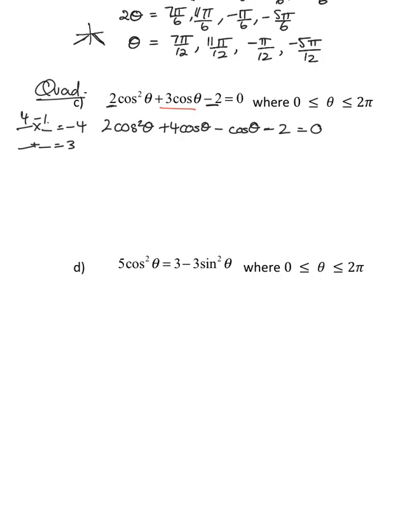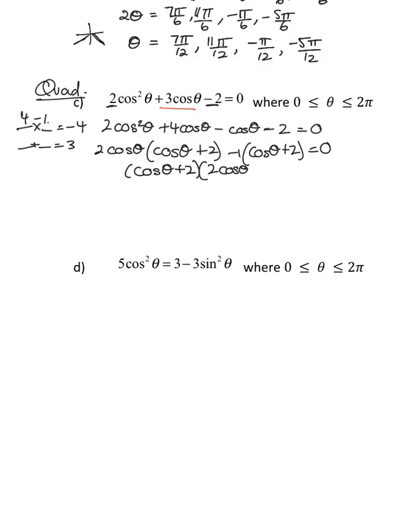Now I'm going to factorise this. I'm going to take out 2 cos theta. I'll have cos theta plus 2. I'm going to take minus 1 out of that and have cos theta plus 2. Now I'm going to factorise this, so the common bracket and then the other stuff. Now I use the null factor law.